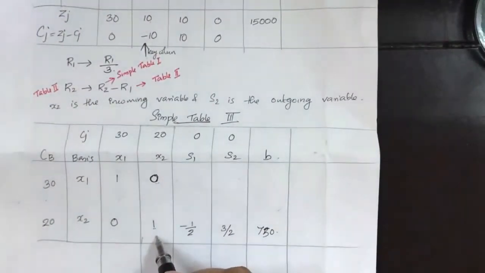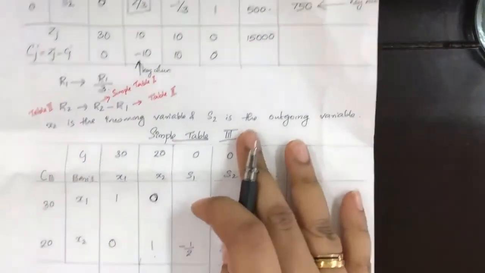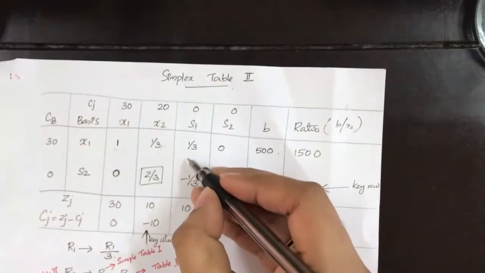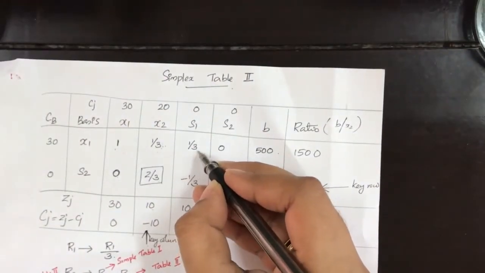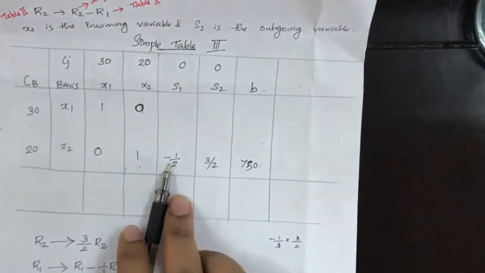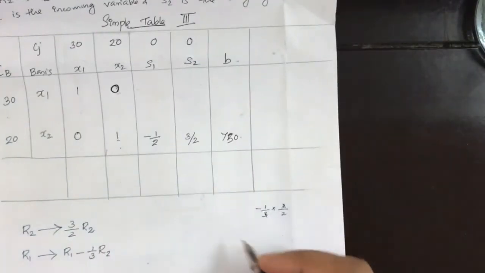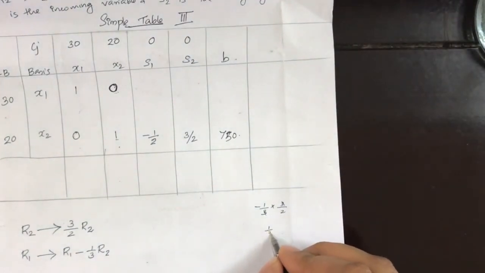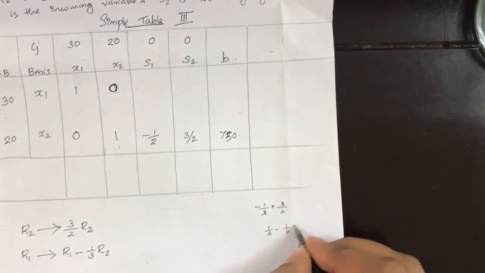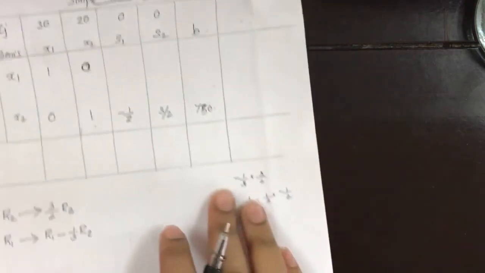Next, 1 by 3 minus 1 by 3 into 1, that is 0. Next, 1 by 3 minus 1 by 3 into minus 1 by 2. If you have doubt, please write here.